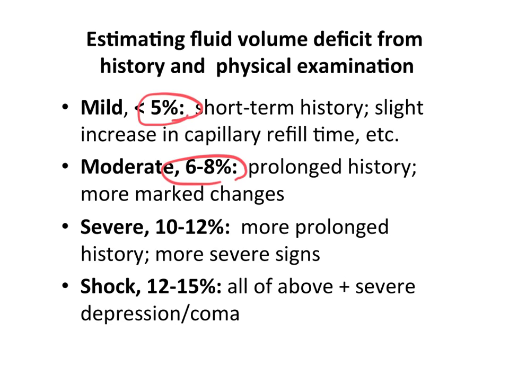And severe is an even more prolonged history and more severe signs all along the list I gave you before. Generally, if you get over 12% in an animal, you are talking about an animal that could die very quickly. These are severe problems, and we call that animal to be in shock. Whatever we decide, wherever we categorize these, these figures can be used to calculate a deficit of that animal that needs to be replaced, and you want to think about that needing to be replaced more rapidly than any other.